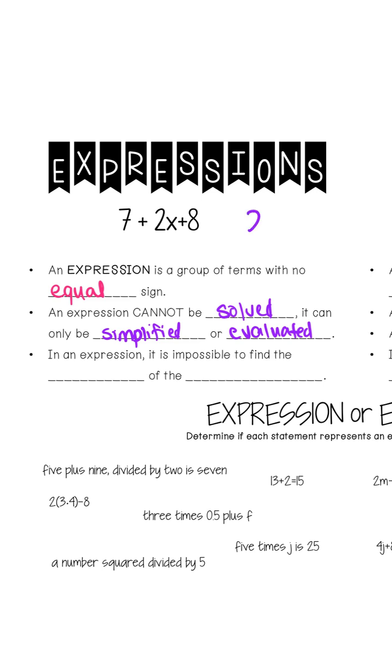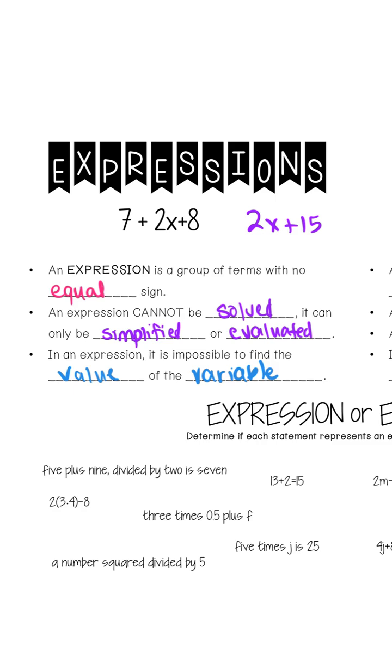That would be like making it 2x plus 15. That's simplifying that expression. So when you have an expression, there's nothing to solve. It's impossible to find the value of the variable because I have no idea what it equals. I have no clue what that x is in this case.